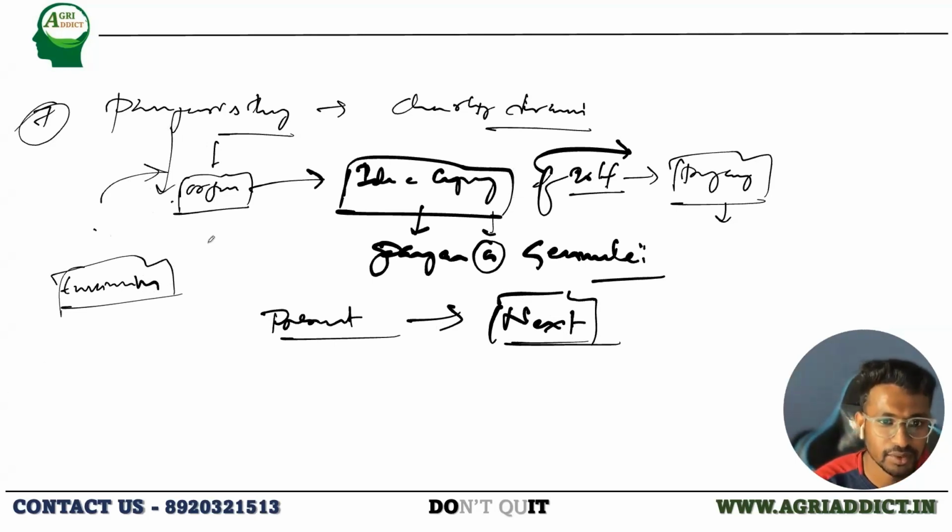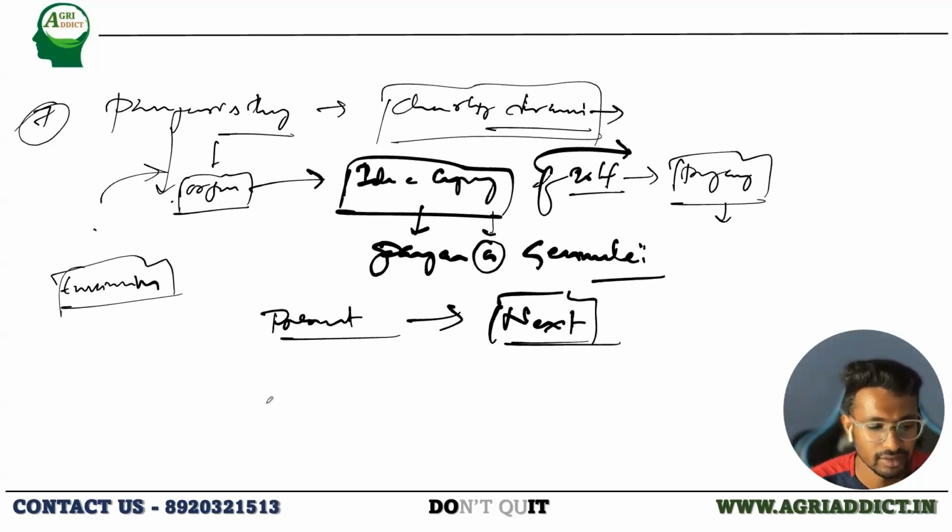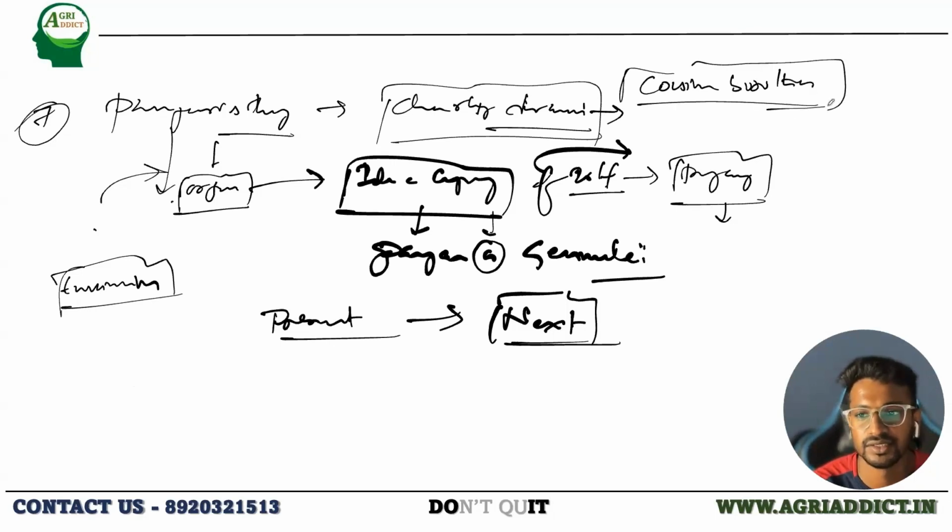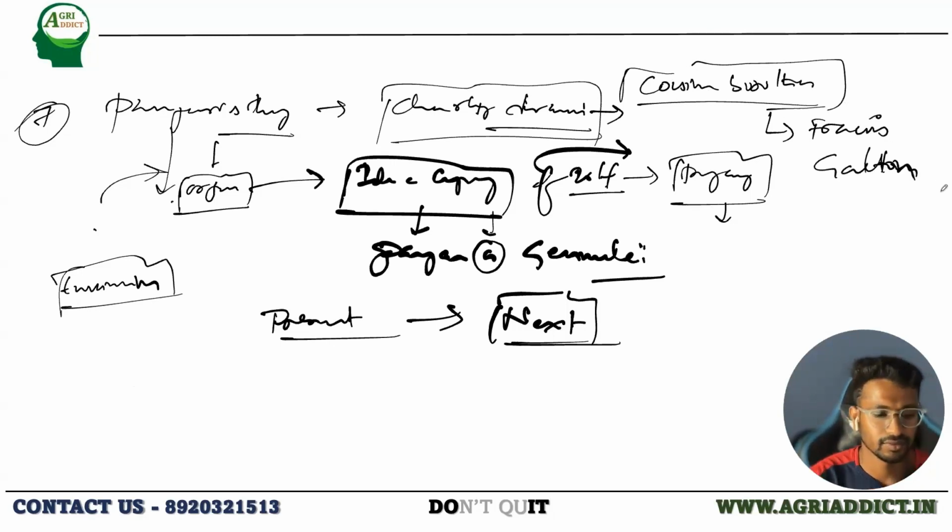So who rejected or disproved this pangenesis theory? It was Weismann. Okay. Before that, there is a cousin of Charles Darwin. Who was the cousin of Charles Darwin? Have you heard this name, Francis Galton? No. Okay.